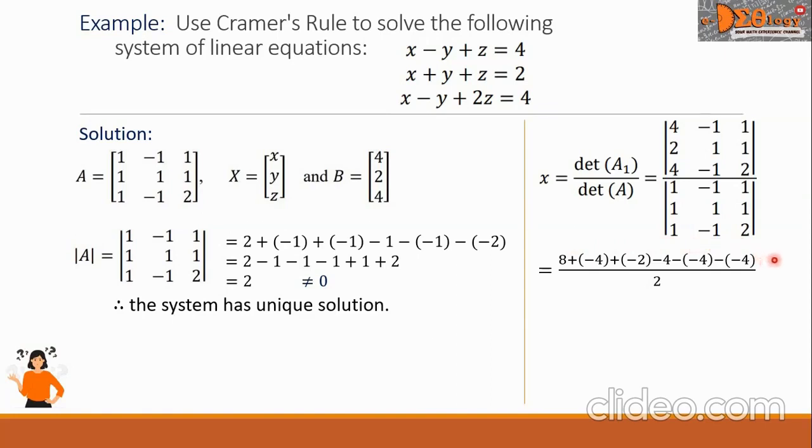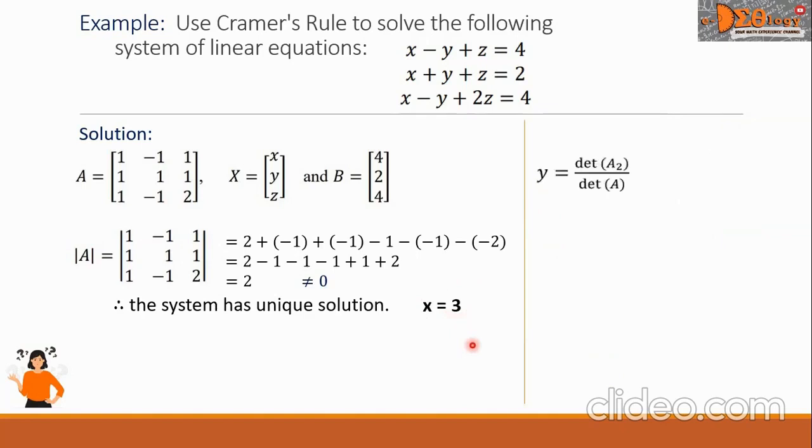We simplify our numerator to be 8 minus 4 minus 2 minus 4 plus 4 plus 4. And the final answer in the numerator is 6. We divide this by 2. The answer is 3. This is the value of x. Let us write x equals 3 on this side.